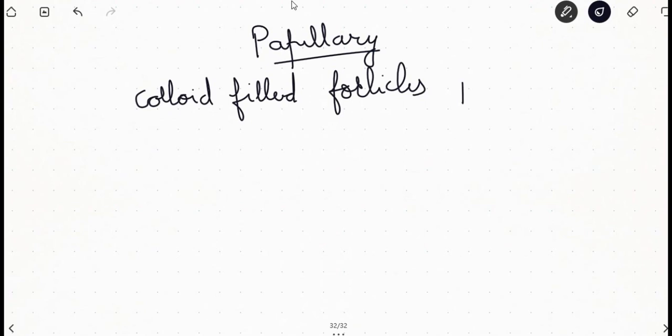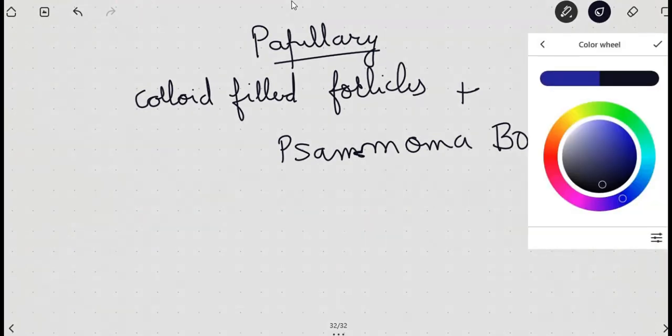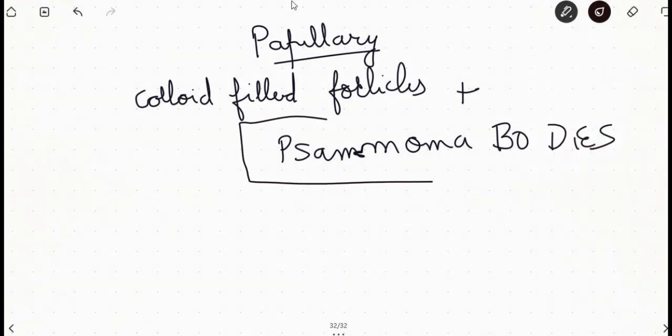So in some cases, calcified lesions are found that are known as Psammoma bodies. So remember for your MCQ point that Psammoma bodies are seen in which type?